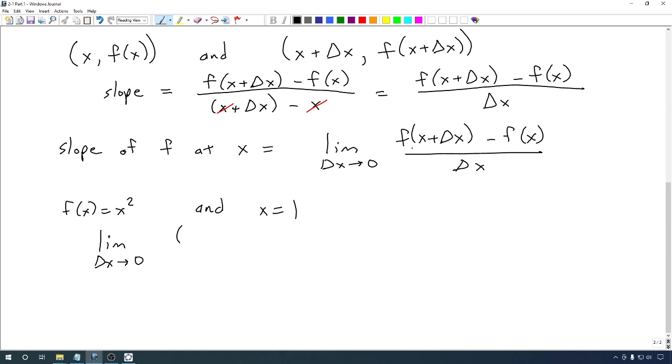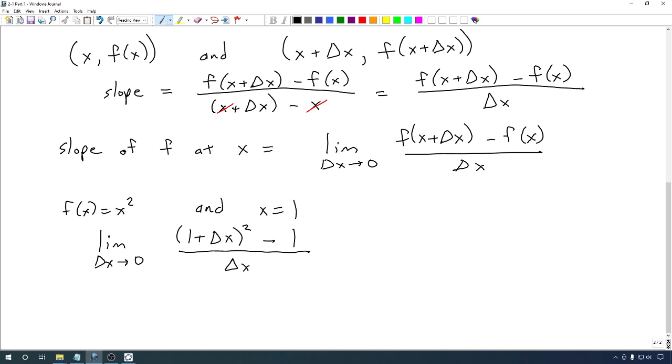Basically, I'm just going to put what we have inside here with a square on it. Of course, I'm going to replace the x's with 1. So we get 1 plus delta x squared minus f of 1, because x is going to equal 1. F of 1, we already know to be 1. That's kind of the point of having the point (1, 1) be on our graph. And we need to divide that by delta x.